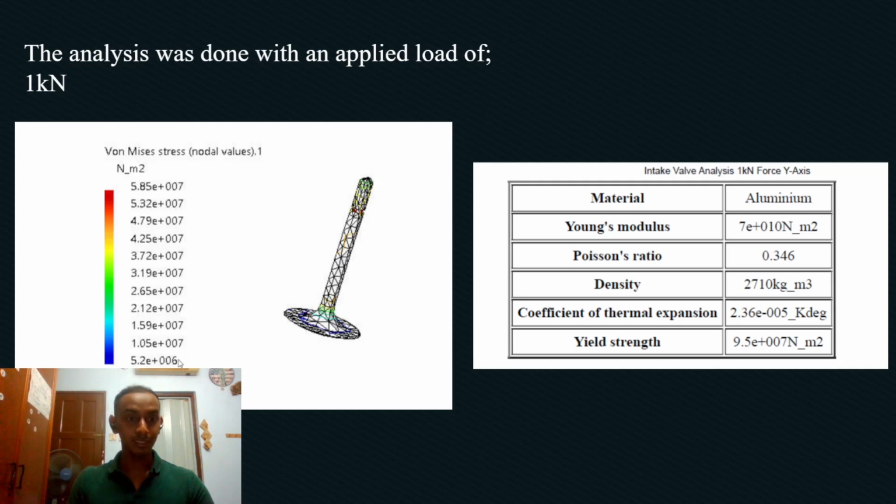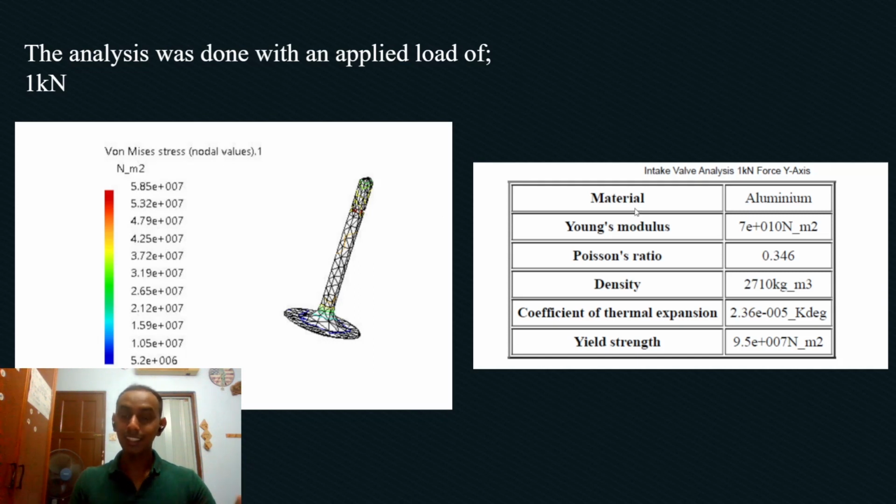As you can see here, the lowest or the safest is at 5.2 times 10 power 6 Newton per meter square of stress. Based on our analysis, it has proven that it can withstand a great amount. It is good. And the maximum amount of von Mises stress that has been tested is 5.85 times 10 power 7 Newton per meter square.